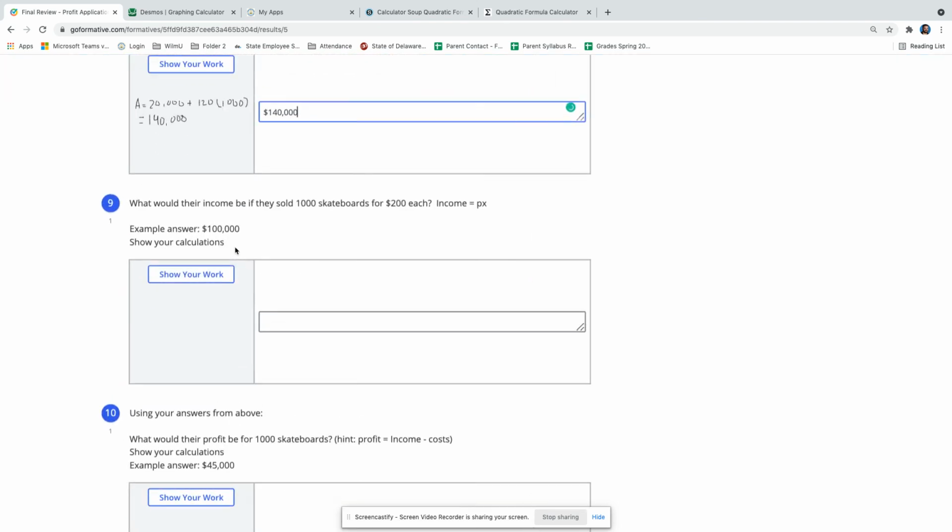All right, so what would their income be if they sold 1,000 skateboards for $200 each? They give you a reminder that income is equal to price times X, where X would be the number of skateboards they sell.